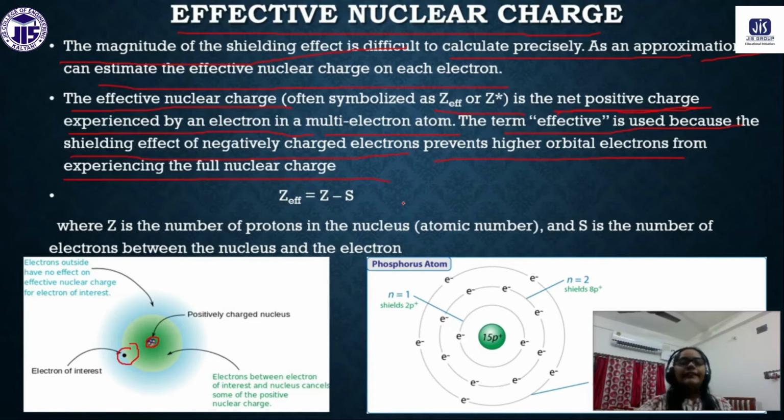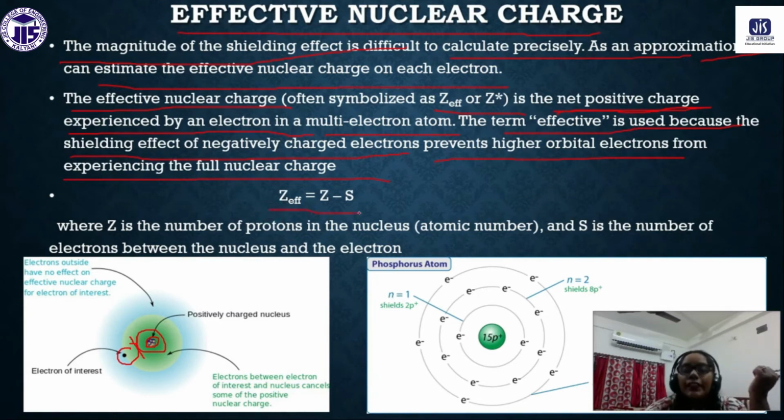So this electron can never experience a full attraction force due to the presence of the inner orbital electrons. Look, this green zone here is the electron density. These inner orbital electrons become a barrier between the outer orbital electron and the nucleus.